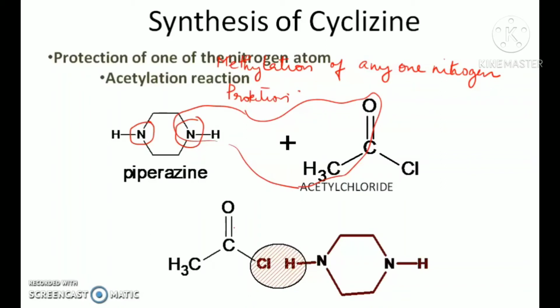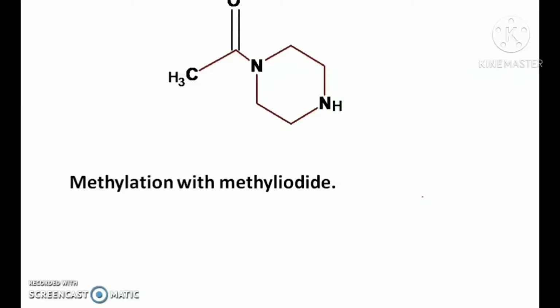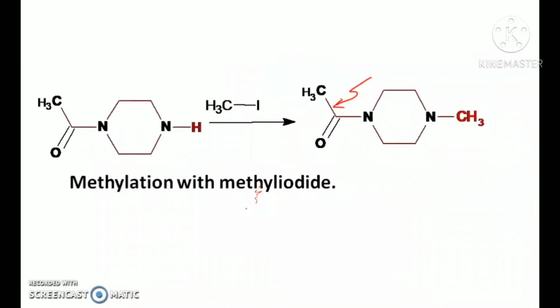So that is the first step, acetylation of one of the nitrogen atoms in order to protect that nitrogen atom from the methylation reaction. Now coming to the second step. The second step is the methylation of the second nitrogen atom using methyl iodide. So the methyl group is introduced at the second nitrogen atom, and you get an N-methyl piperazine derivative.